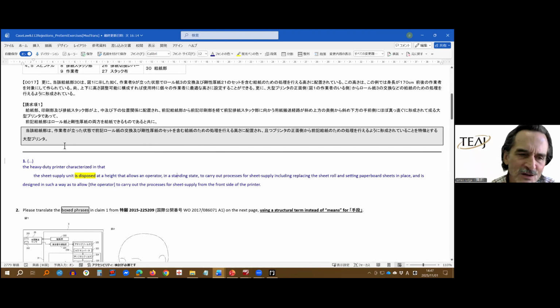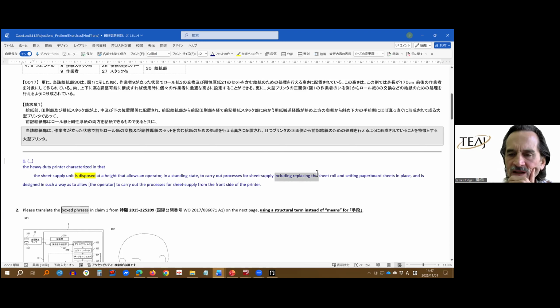And my conclusion is that, unfortunately, if you do a 100% faithful translation of this original Japanese, you can't really fix the problem. I did my best here. I said the sheet supply unit is disposed at a height that allows an operator in a standing state to carry out processes for sheet supply.